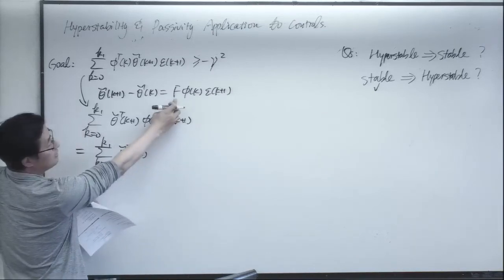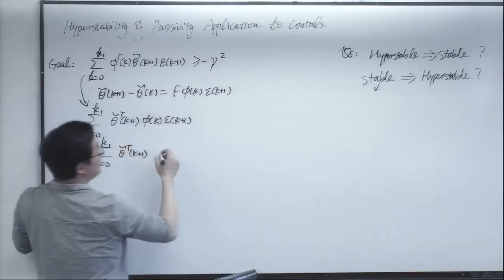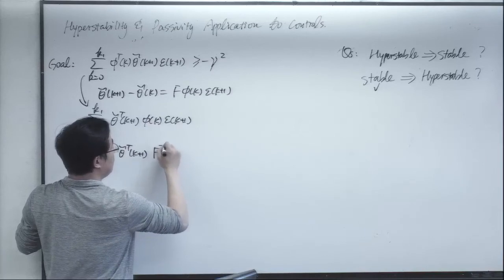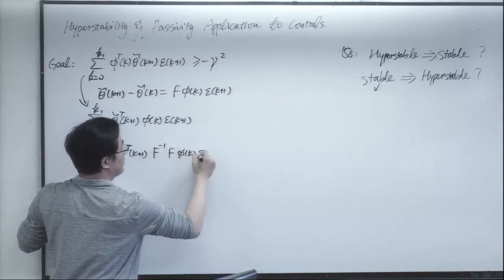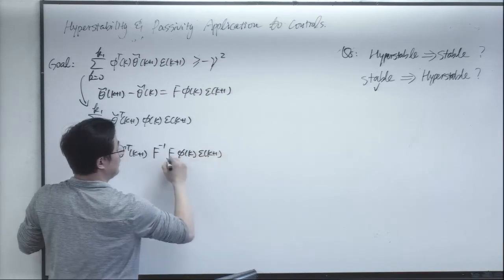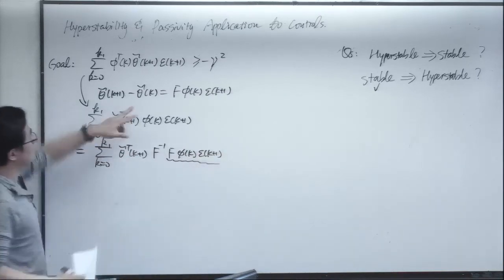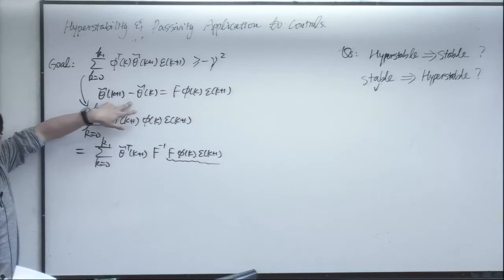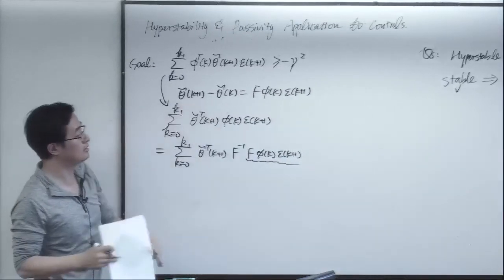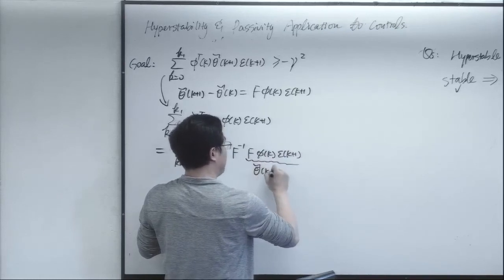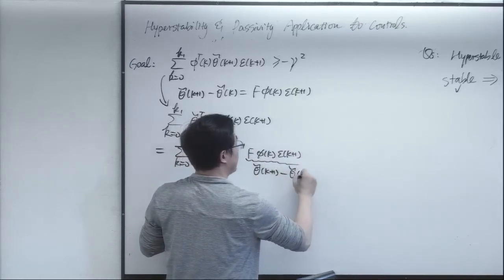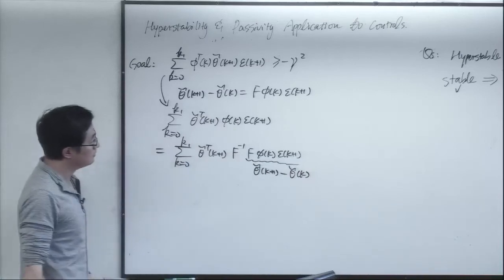I have an f here that is a little bit annoying. So what I'm going to do is I'm going to do f inverse f phi k epsilon k plus 1. And this thing is now theta tilde k plus 1 minus theta tilde k. And the quadratic terms are appearing from here.